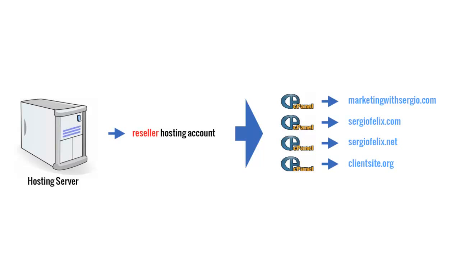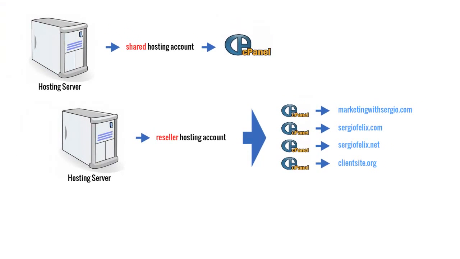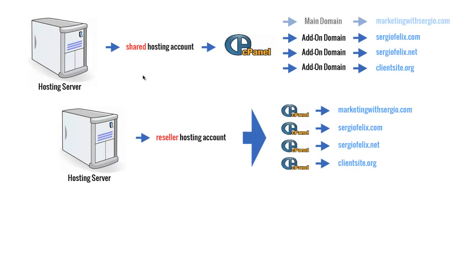So the main difference between these is that with a shared hosting account, you just have one cPanel account, which means one username and one password, and that is the same for every single domain name that you have on there.